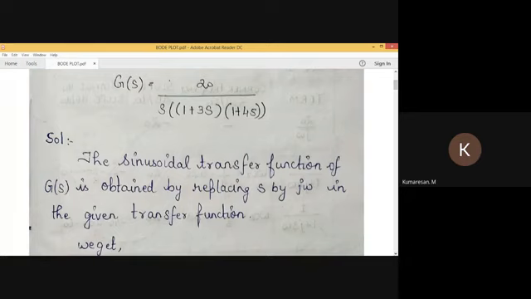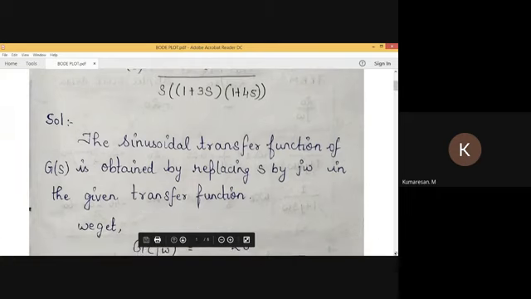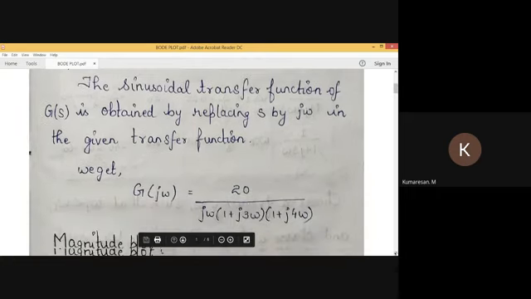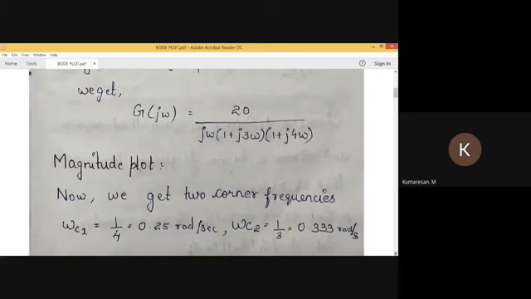So G of J omega, instead of S we put J omega. G of J omega equals 20 divided by J omega into 1 plus 3 J omega into 1 plus 4 J omega. Don't split J and omega separately; mistakenly it is done.